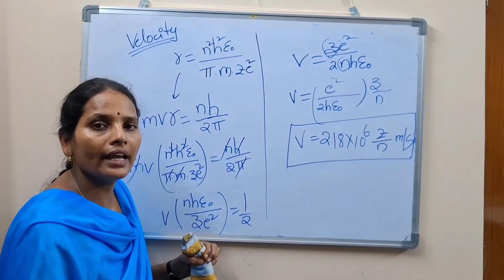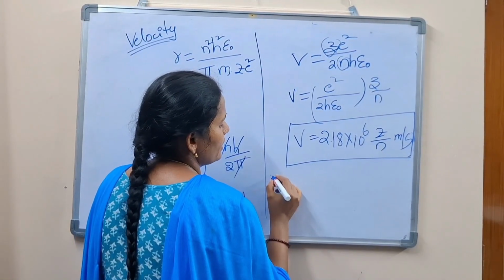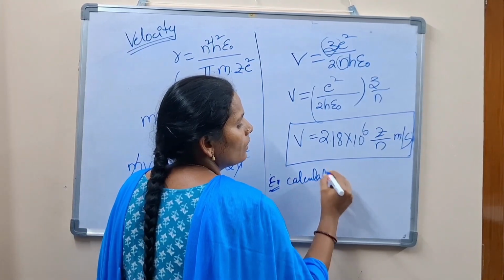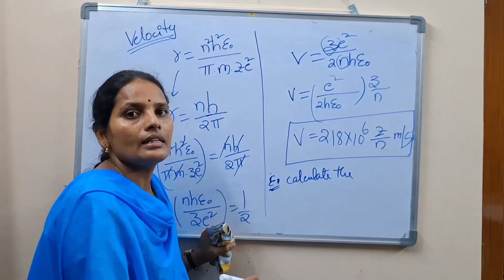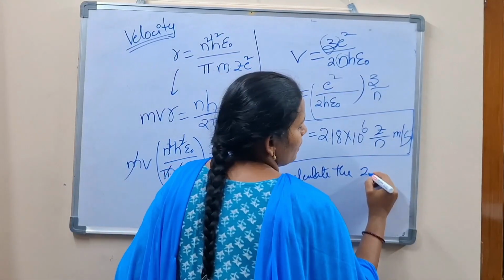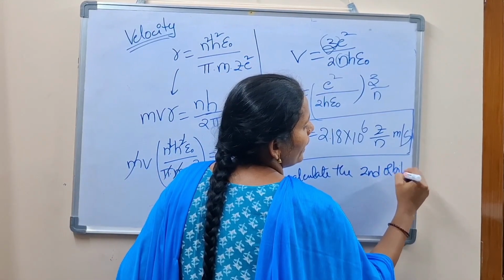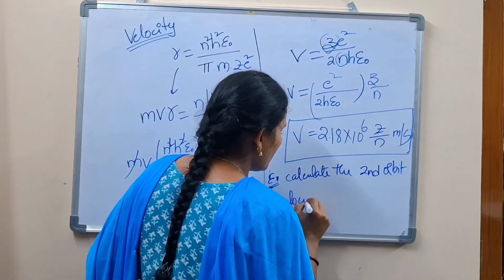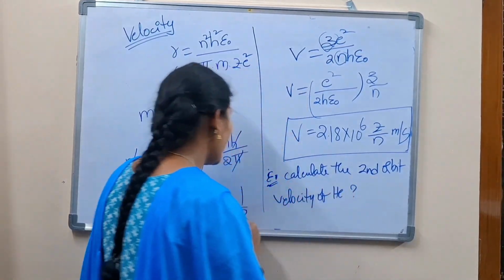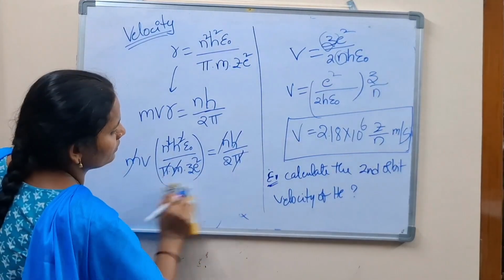Let's take an example: calculate the second orbit velocity of helium.